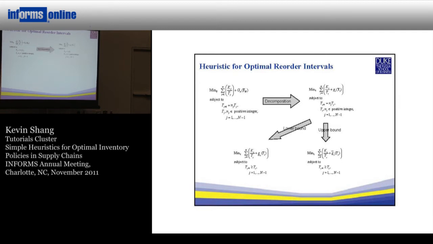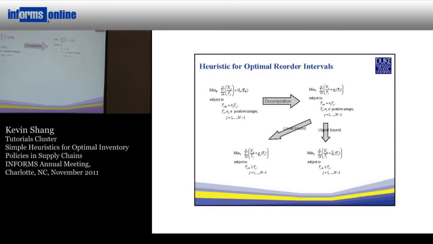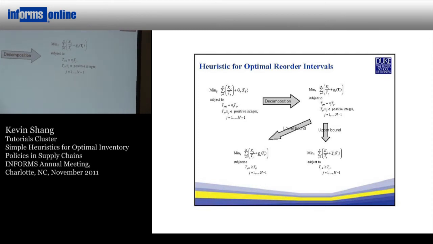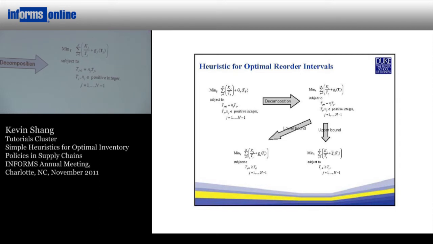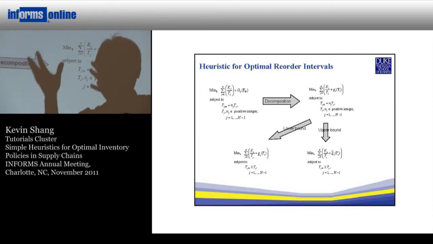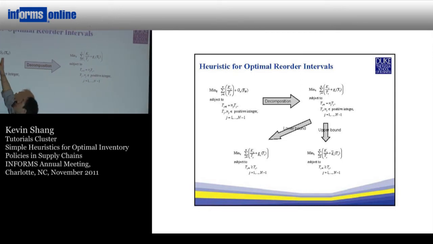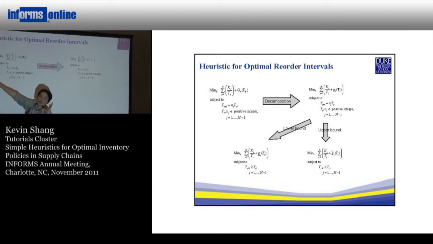At the beginning, I'm going to decompose the system total cost to each of the stages. Here is the system cost, like a big pie. I'm going to present you a way to allocate the total cost to each of the stages. So that's step 1. Originally, it's a recursion from stage 1 all the way to stage n, so it's kind of a system cost.